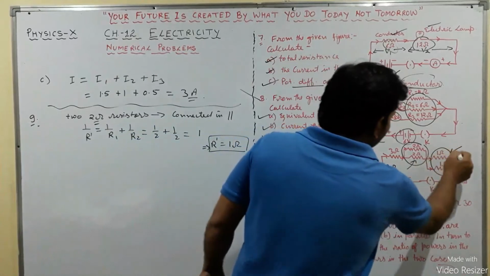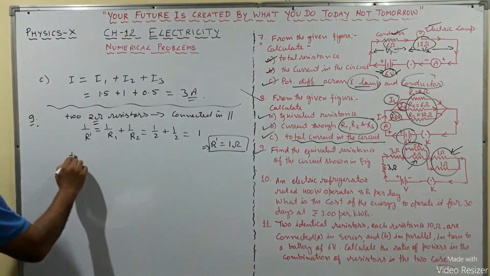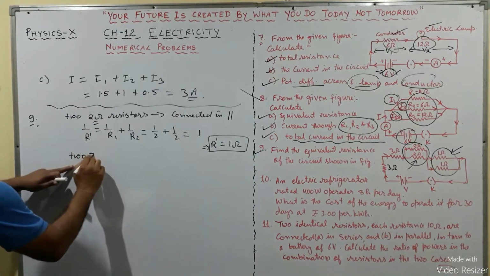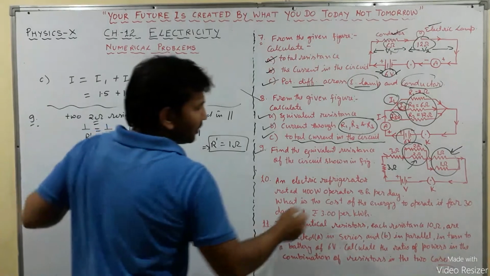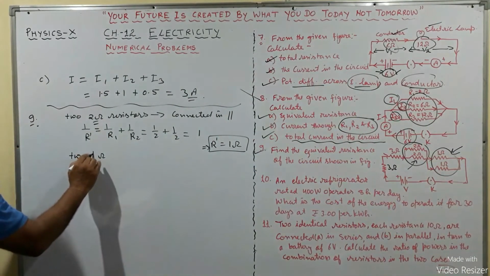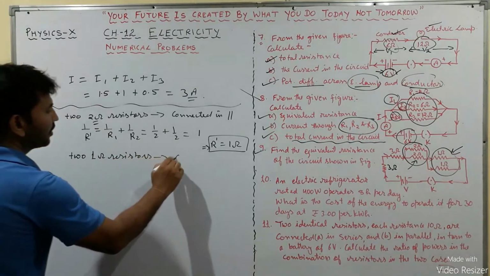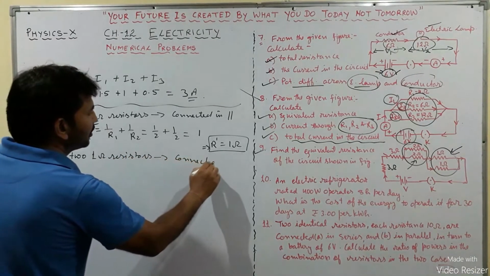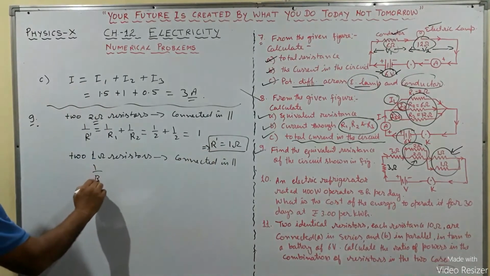Let us solve the second set of parallel combination. In this set we have two 1 ohm resistors which are connected in parallel. So again we will use the same formula.